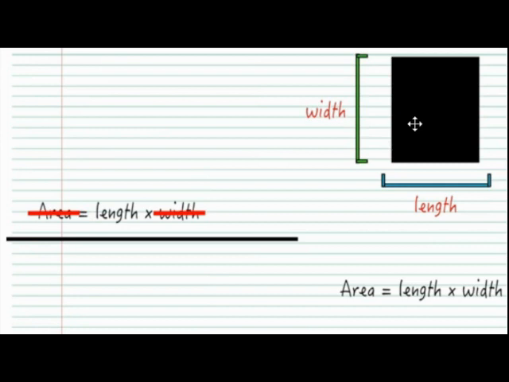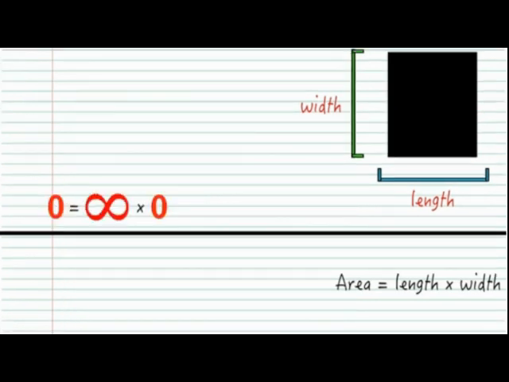Which means the square would be infinitely more real than this line. Even if the line had an infinite length, infinite multiplied by 0 width is still 0. So this infinite line would be nothing to this 2-dimensional square that would only be, I don't know, a freaking centimeter area, right? Even if the area was only 1 square centimeter, it would be bigger and more real than this infinite 1-dimensional line.